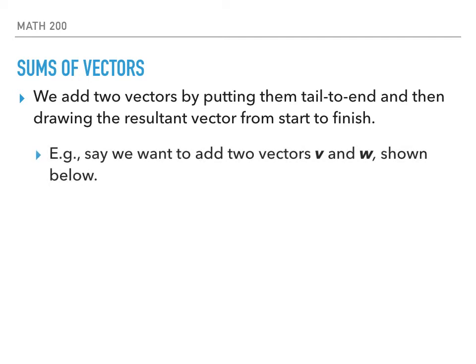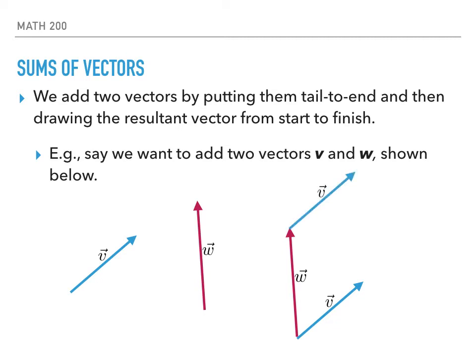Here's an example. Say I've got 2 vectors v and w, so there's w, there's v. Now we just said on the previous slide, we can move these around as much as we please. So let's draw v and w over here, and I'll draw them first tail to tail, and then I could draw v on the end of w, or I could draw w on the end of v.